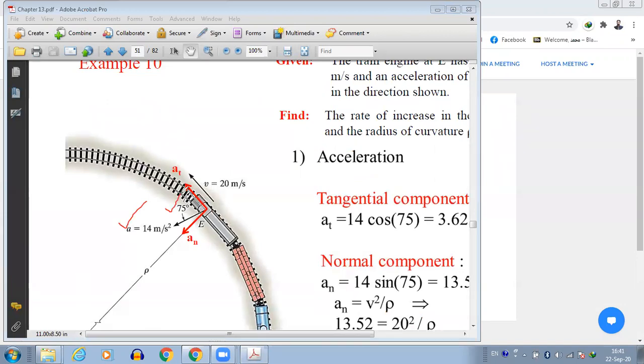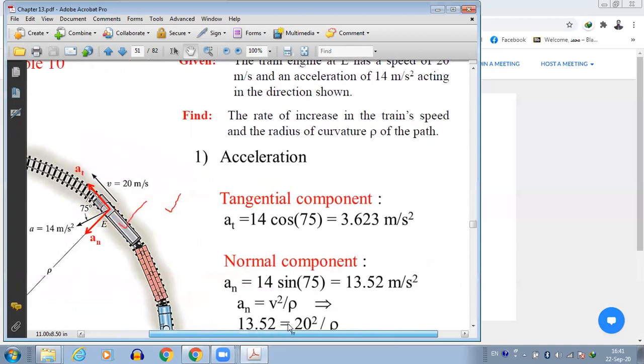So what is asked here in the problem? Find the rate of increase in the train's speed and the radius of curvature of the path.